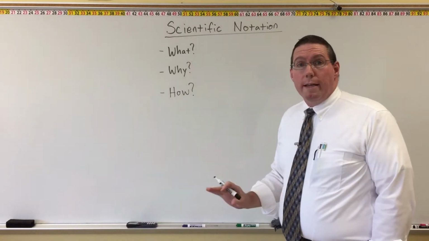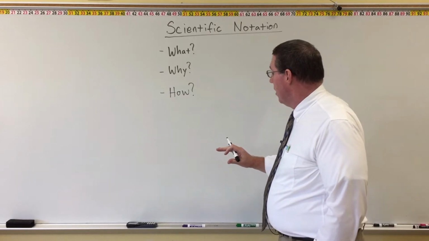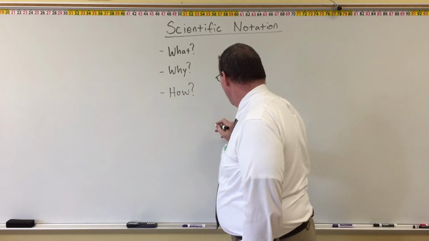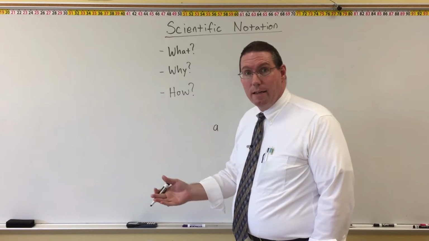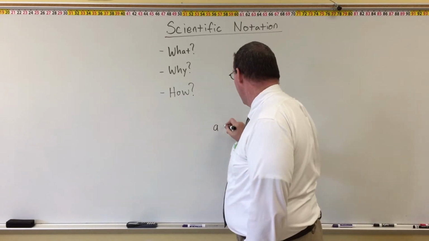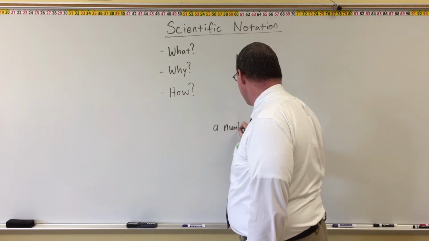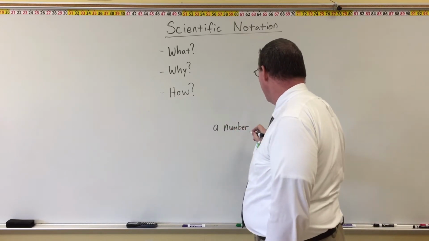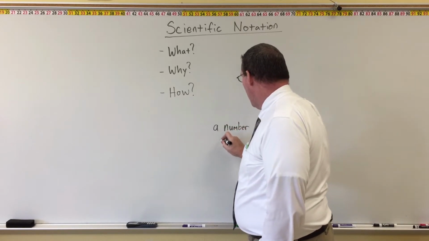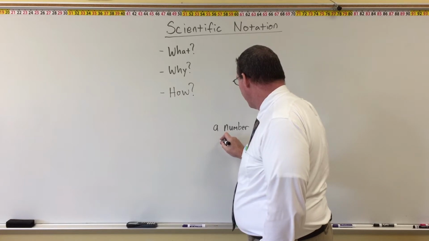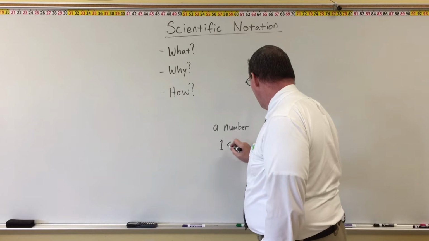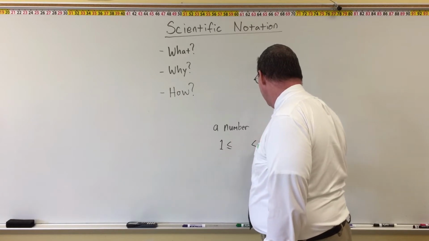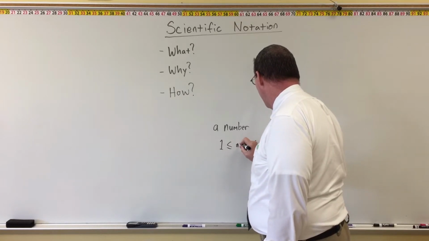So the way we write scientific notation is it's a number and then times 10 to a power, okay? The first part of scientific notation is a number that is greater than or equal to 1, but it has to be less than 10, okay?